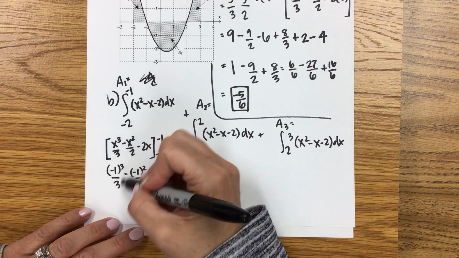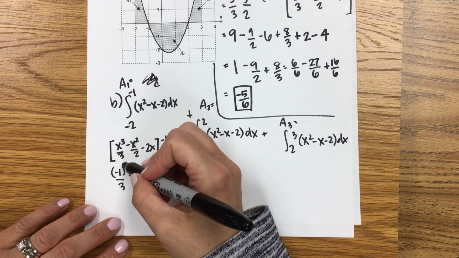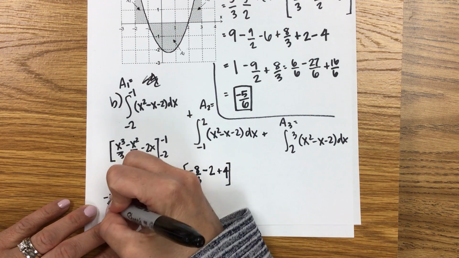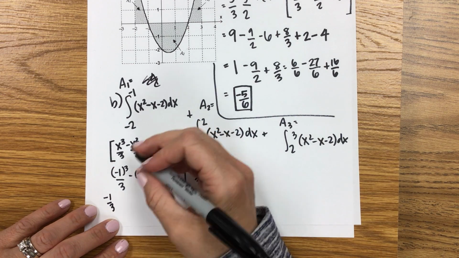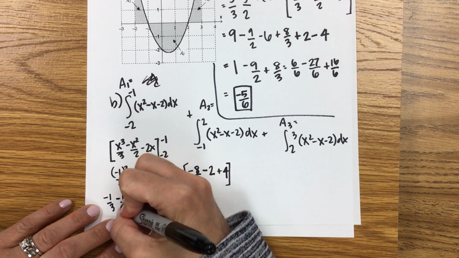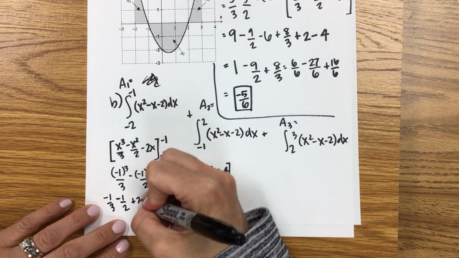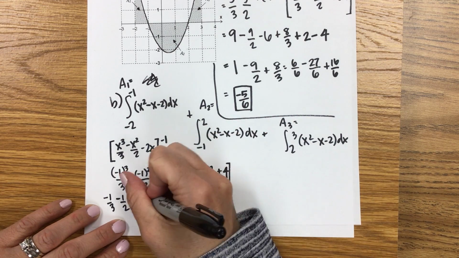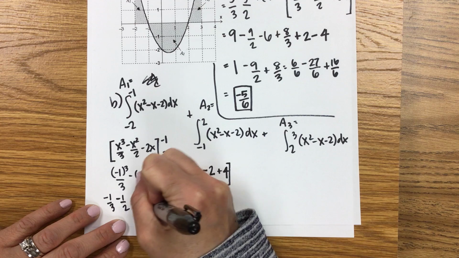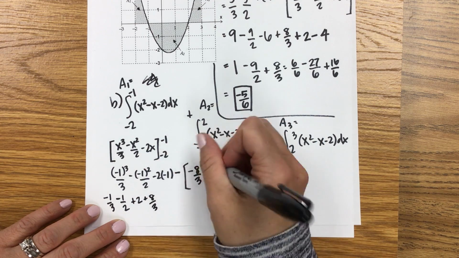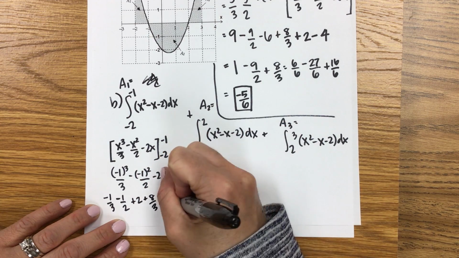So we end up with here -1/3. Here we'll do -1/2, and then here we'll have +2. Distribute the minus, so we'd have plus 8/3 plus 2 minus 4.